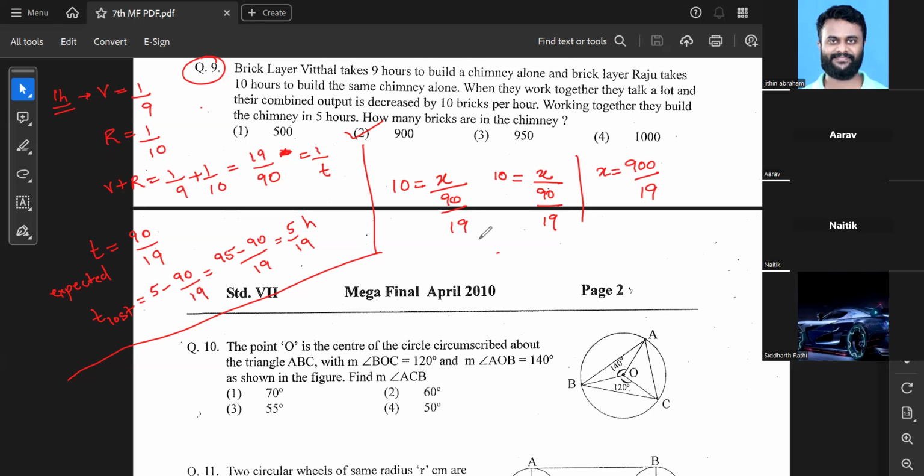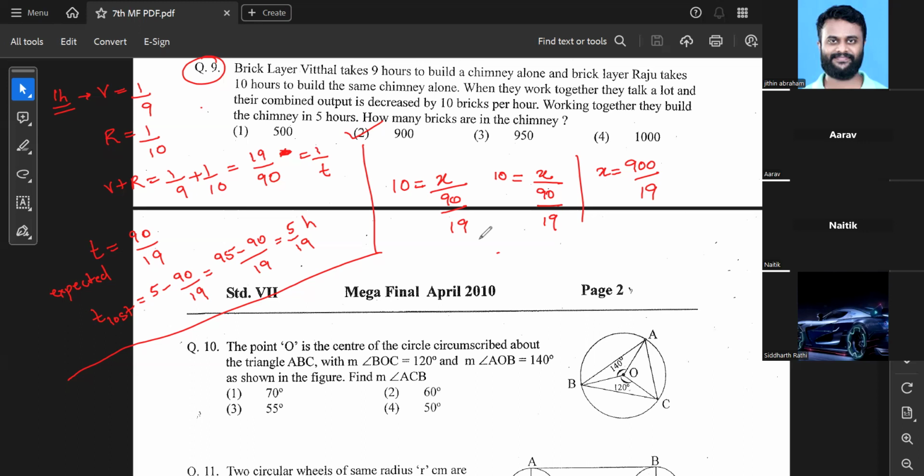Because sir, it says that they're completing the work in 5 hours, which means that every hour their work is 18 by 90 now. But they're supposed to be doing 19 by 90. Sir, I got his logic. So he's saying that they are doing 1/5. So the total time taken to complete the work is 5 hours. So 1/5 of the work is being completed in 1 hour.